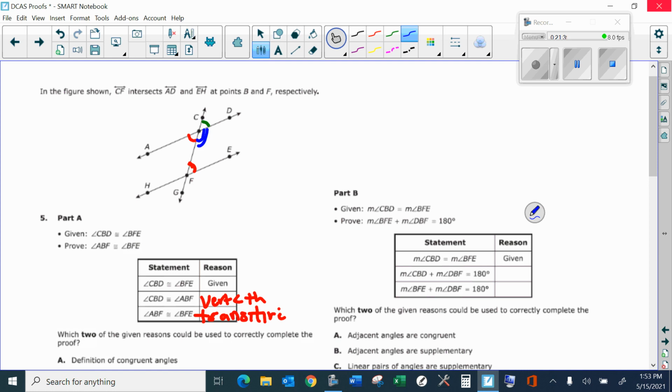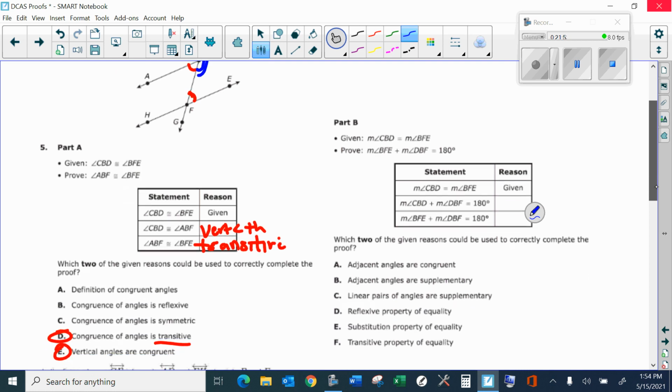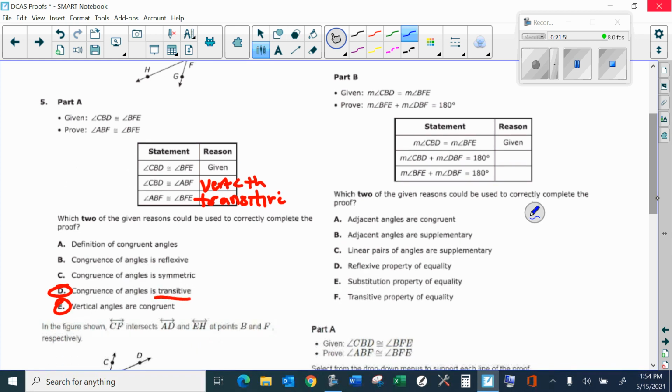Well, we have the measure of angle CBD plus DBF, and that would be the linear pair theorem. Just angles are not necessarily supplementary or congruent. But linear pair theorem right there.